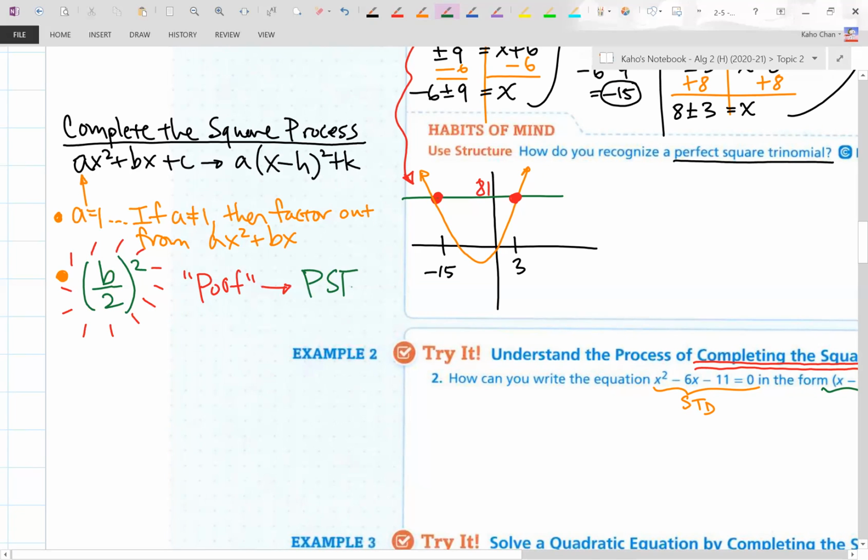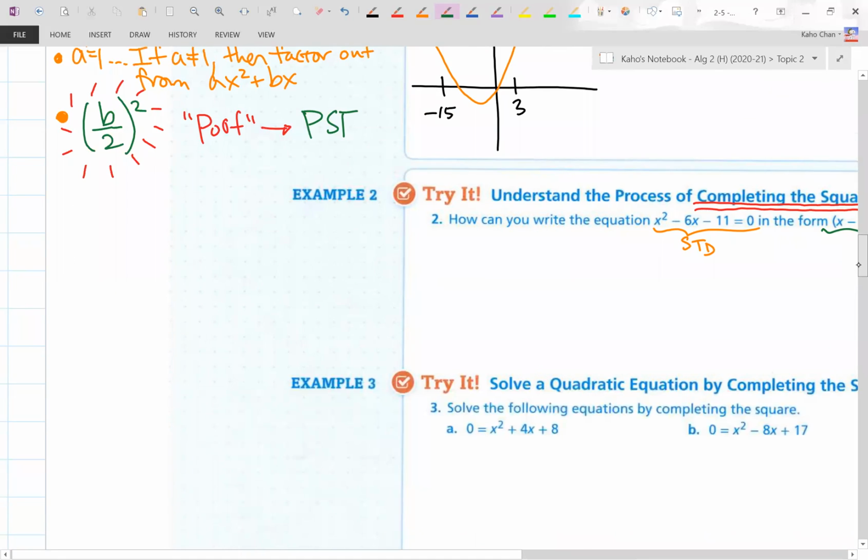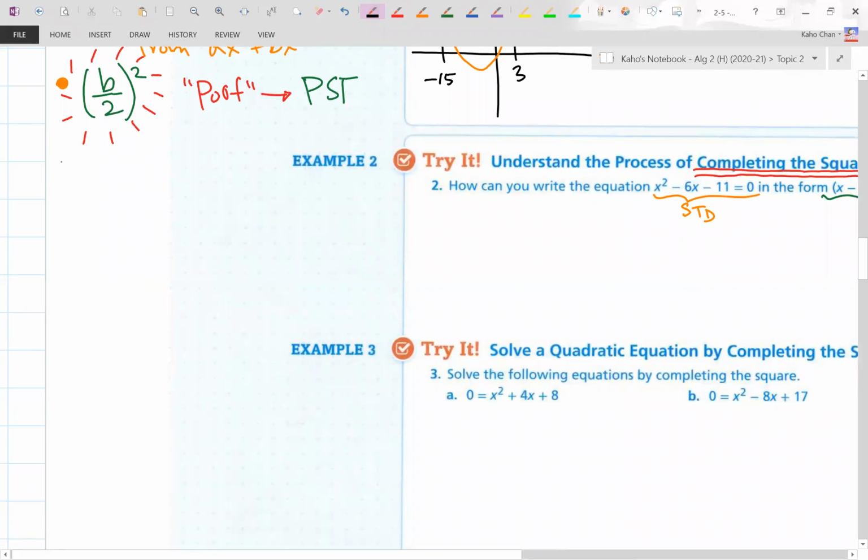Before we actually do example 2, let's do the one from the textbook. Here we go. I'm going to walk you through this. You're supposed to have seen this in Algebra 1. The directions are complete the square. All right, here's the problem. x squared plus 4x plus blank.